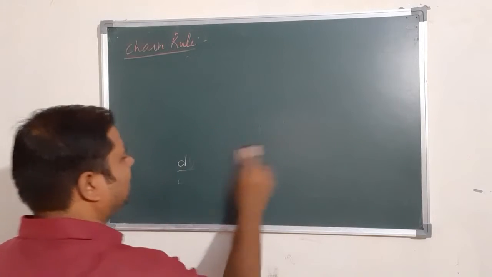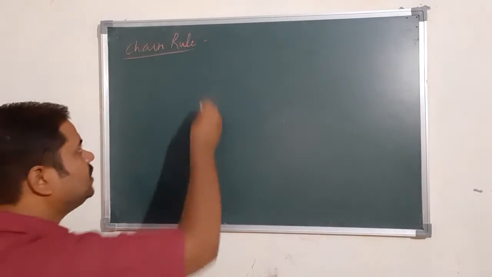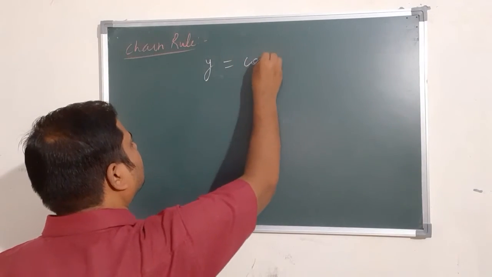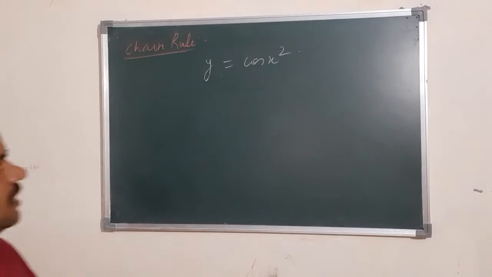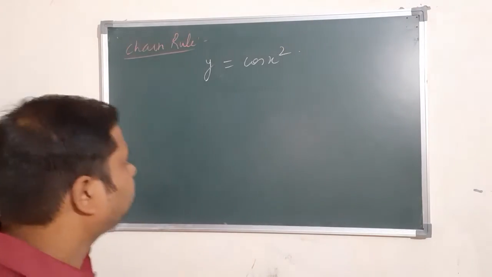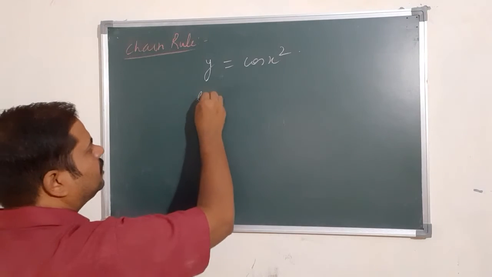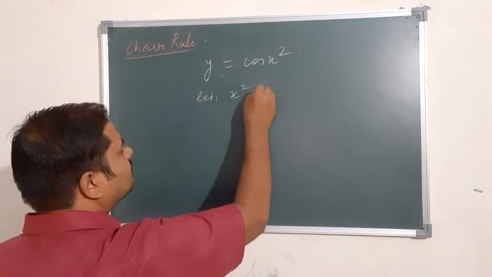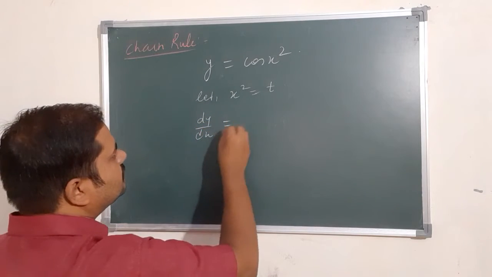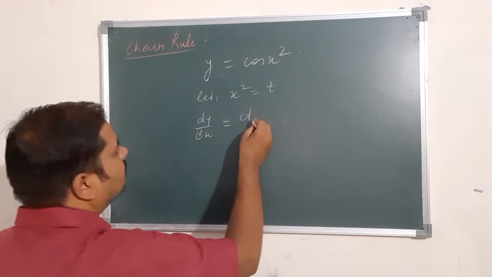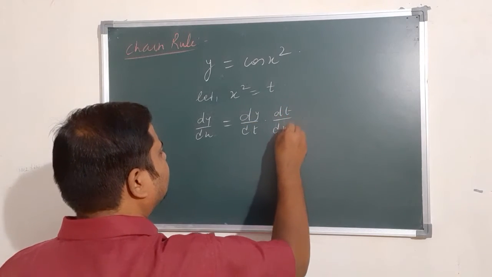Suppose we are given y is equal to cos x square. So this is a composite function, so we use the chain rule here. Let x square is equal to t, and then dy by dx is dy by dt into dt by dx.